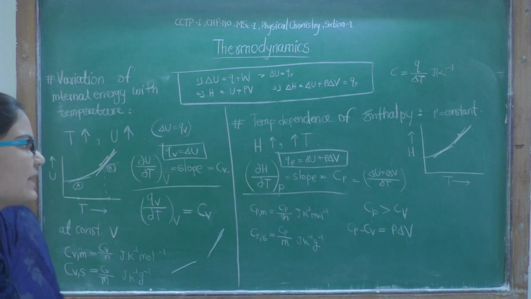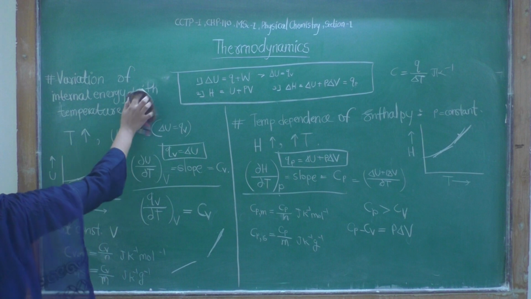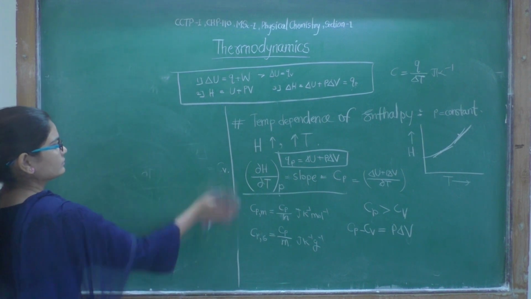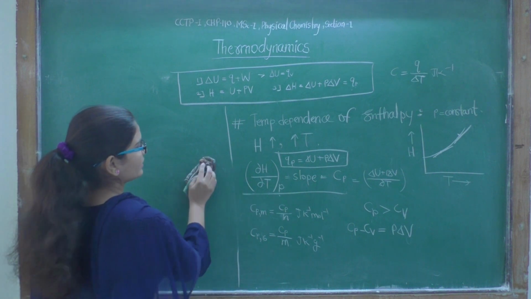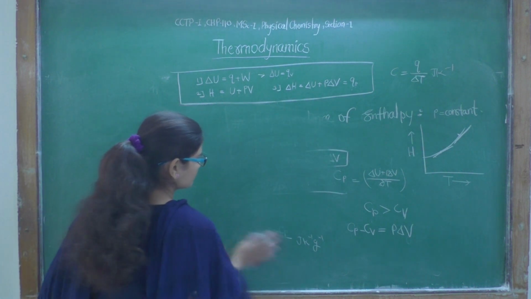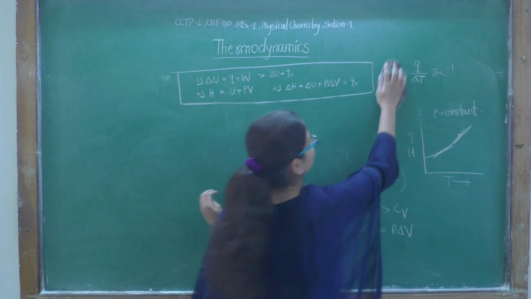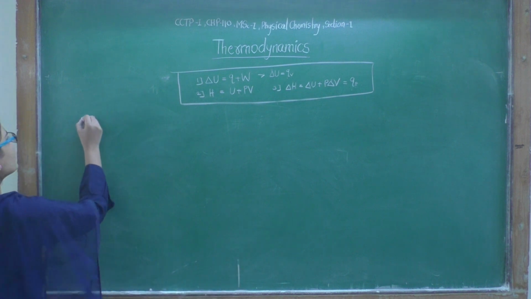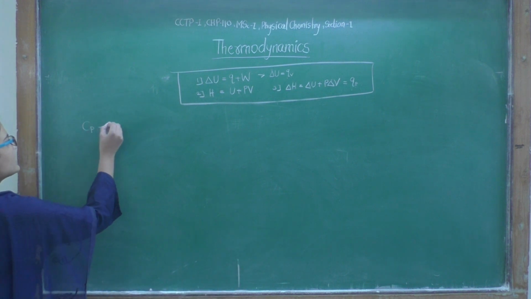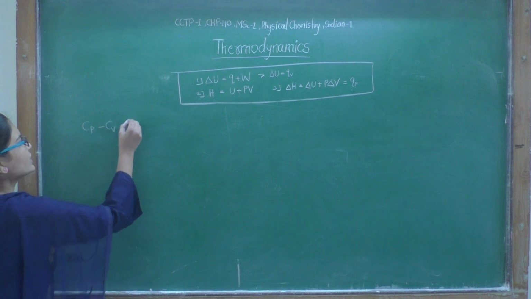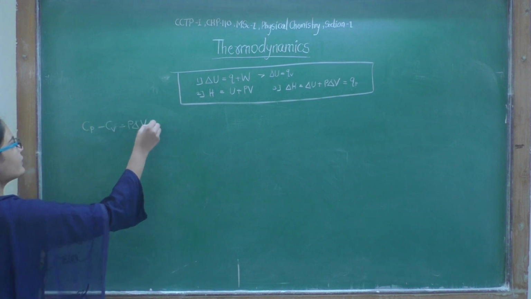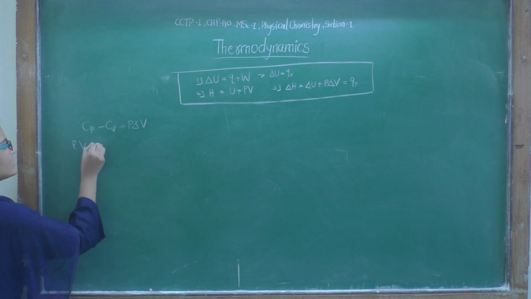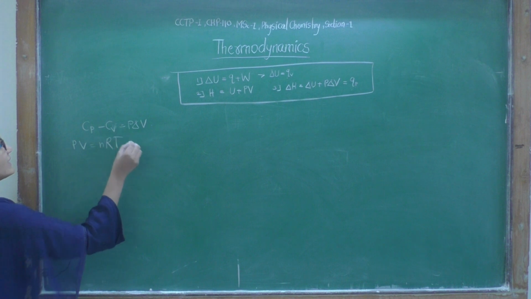Let's calculate Cp minus Cv. We know Cp minus Cv is equal to P delta V. How will we calculate this? Now we know that PV is equal to nRT for an ideal gas.